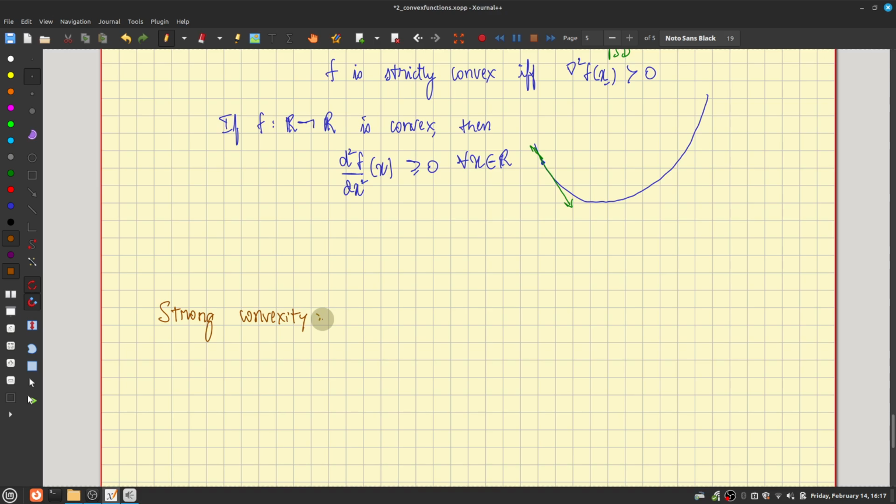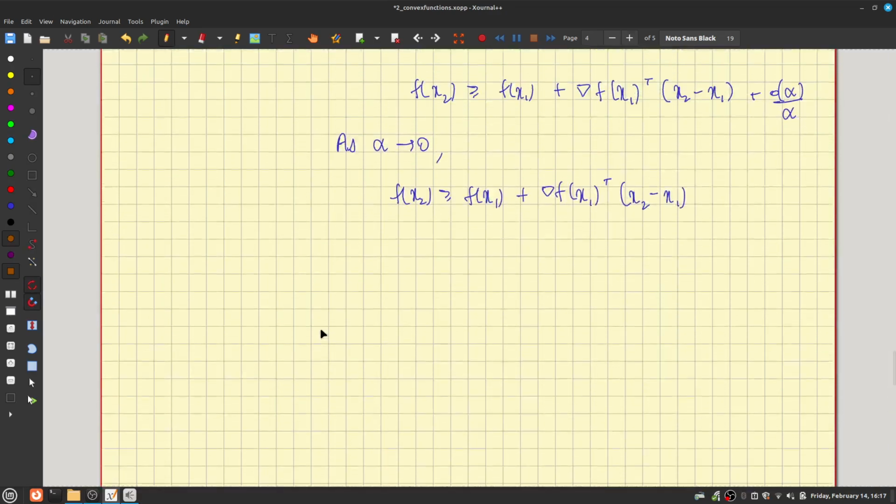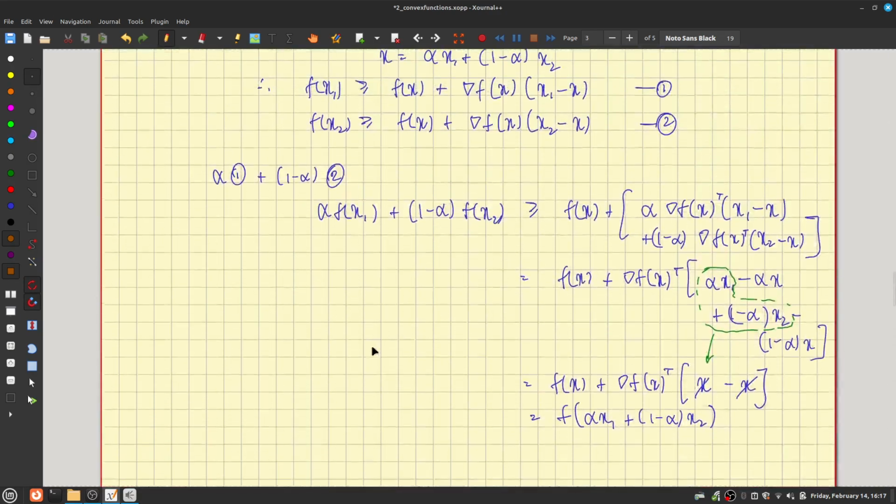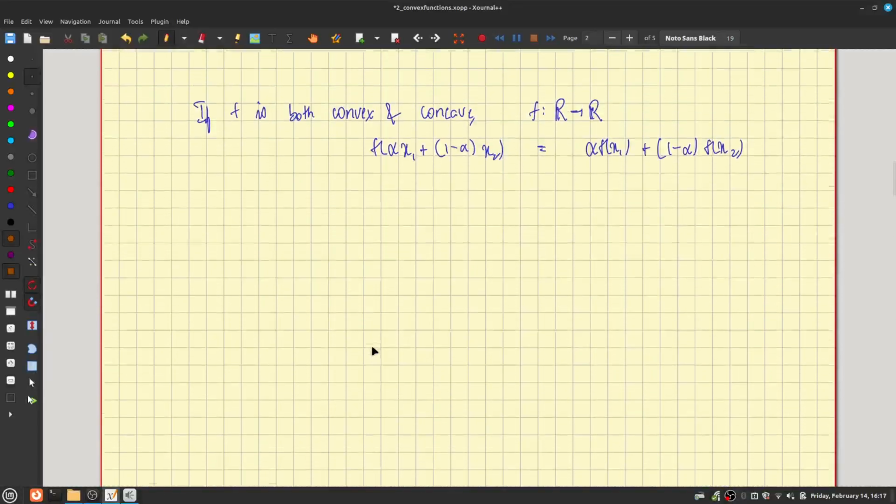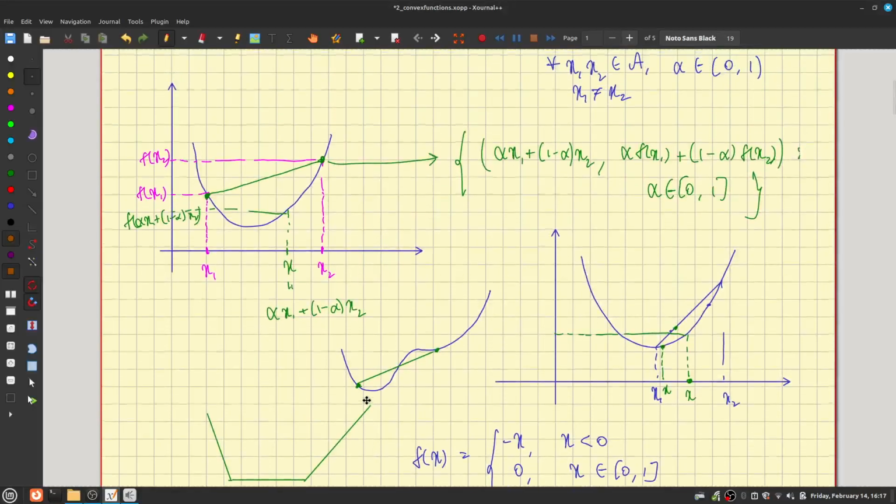So strict convexity basically tells you that, for instance, the straight line joining these 2 points is strictly above the function itself. Right? Strong convexity, in a sense, tries to quantify by how much it is guaranteed to be above the function value.